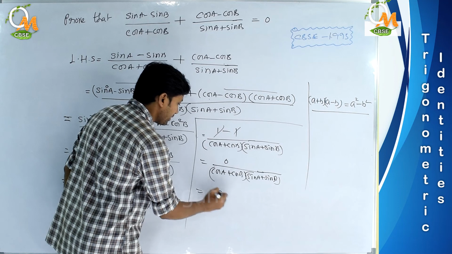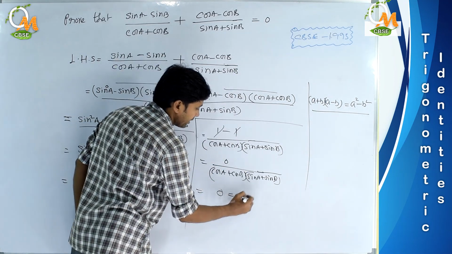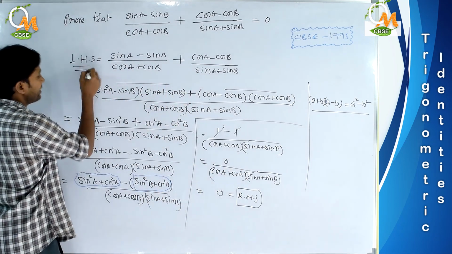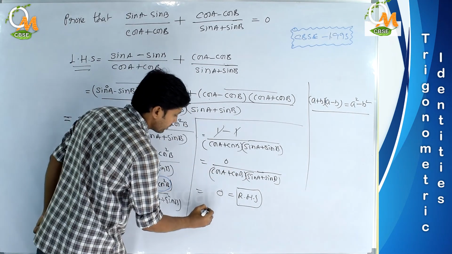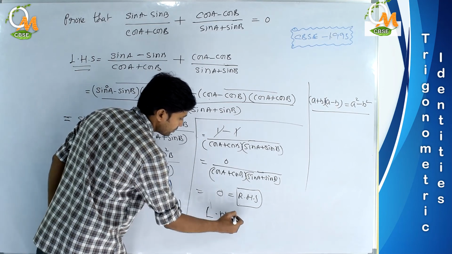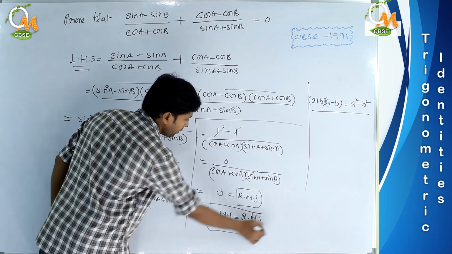Anyways, 0 by something is 0. So we obtained our RHS. Taking the LHS, we could show that it equals the RHS. So the problem is solved.